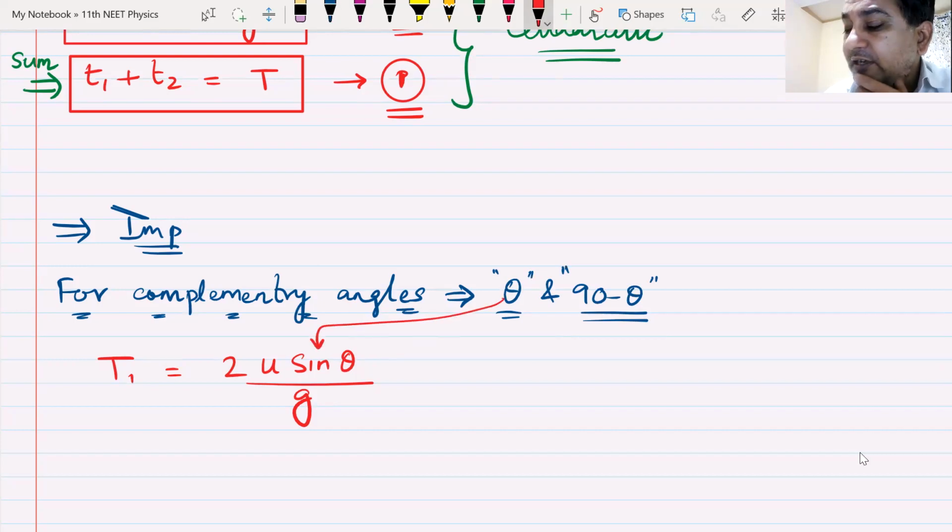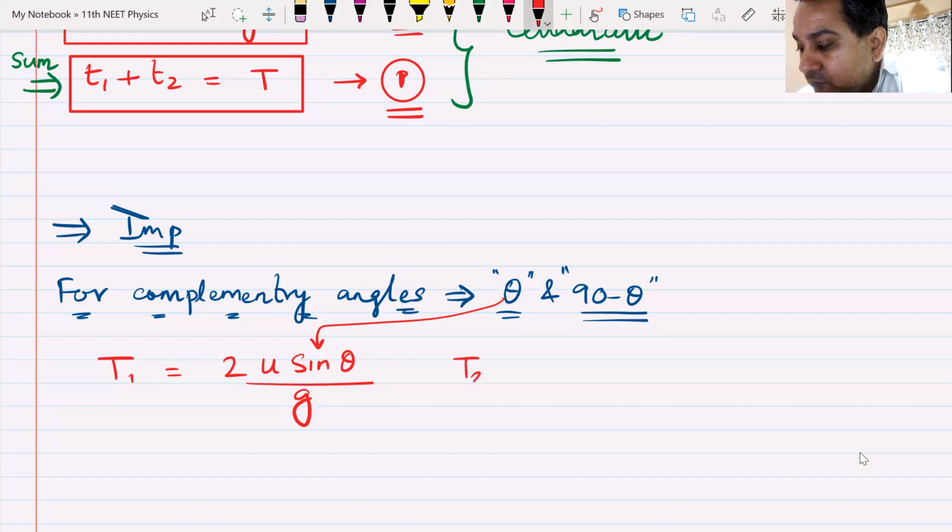Now, for angle theta, time of flight will be 2u sine theta by g. For angle 90 minus theta, what will be the time of flight? Let me call that T2. So T2 will be 2 times u sine of 90 minus theta. Is everyone following me, or have I gone somewhere in space and I am lost there?